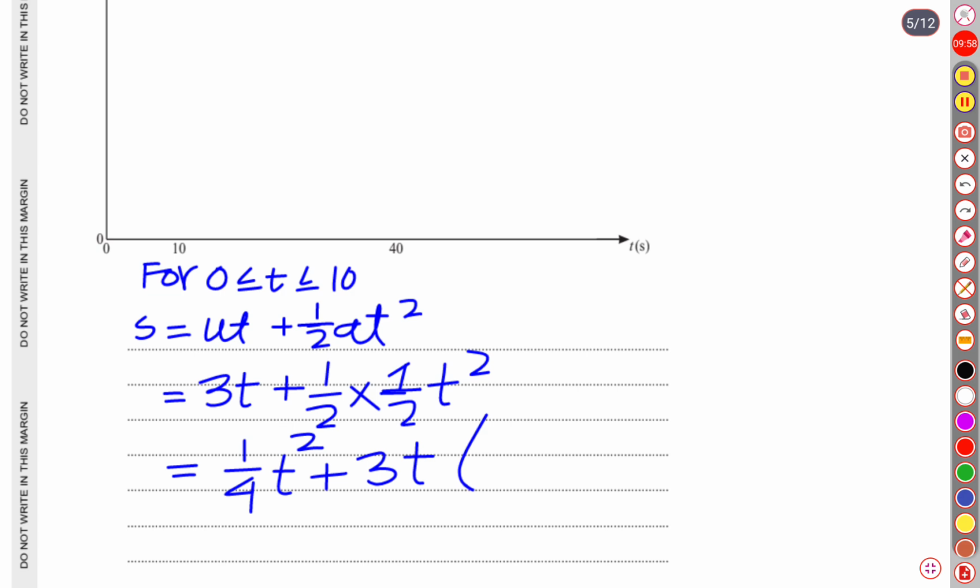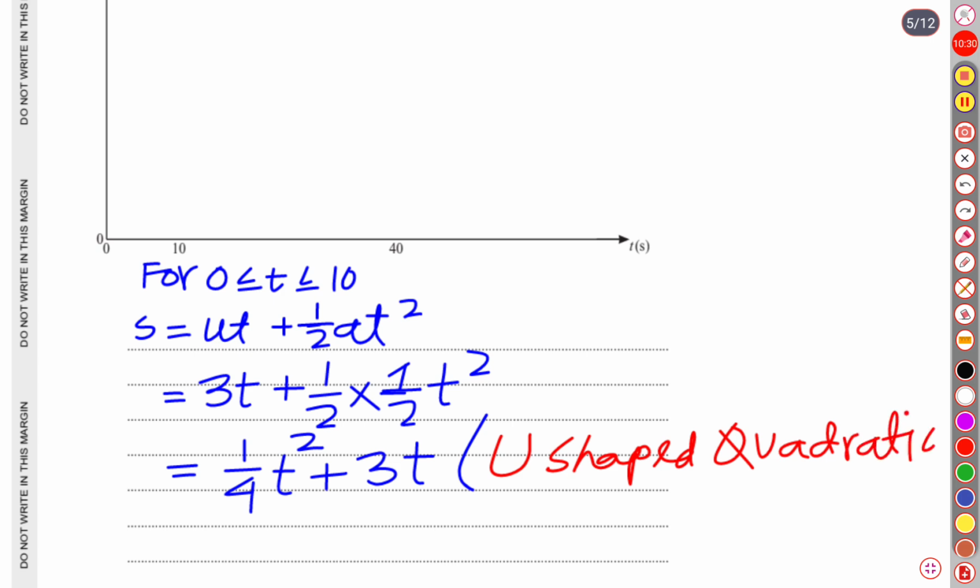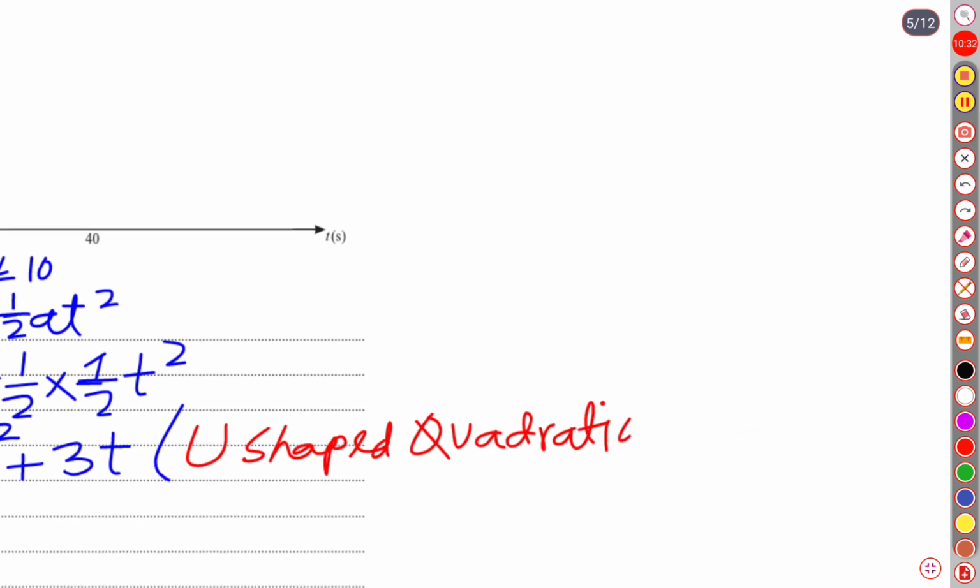This is a quadratic graph and positive, and it must pass through zero because there is no constant term. So it is going to be a U-shaped, positive quadratic curve starting from the origin in the first quadrant.